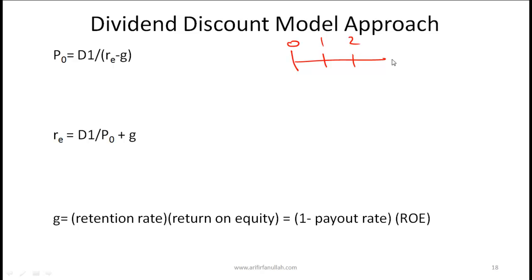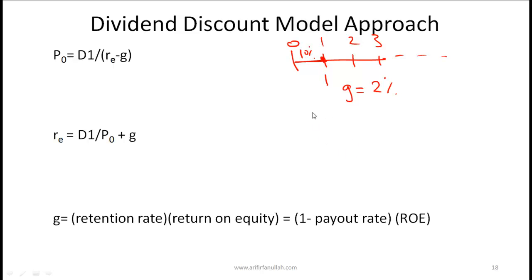So what's a growing perpetuity? A growing perpetuity means that, let's say that you have a cash flow of 1 that you get at the end of period 1, and let's say that this is growing at a rate of 2%, and let's say that our required rate of return is 10%.